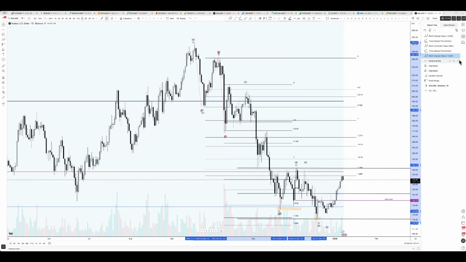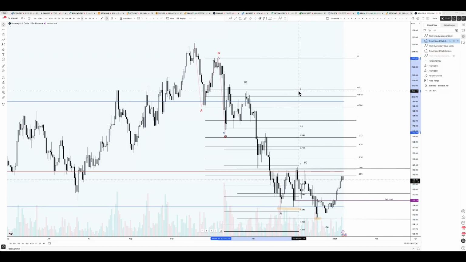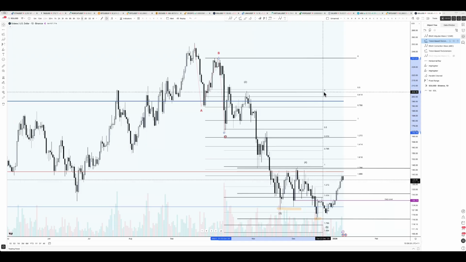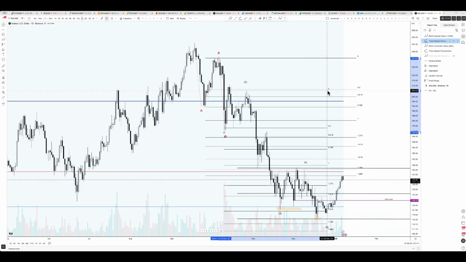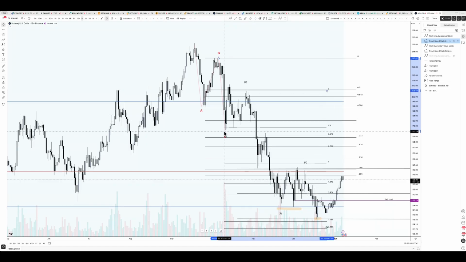So I'll just hide this for a sec. And if I was to do that, it does come into effect in a way. So 1.618 right there, close to 1.786. So we find some support. So to me, Elliott wave count 3, that could be the 4, that could be the 5.